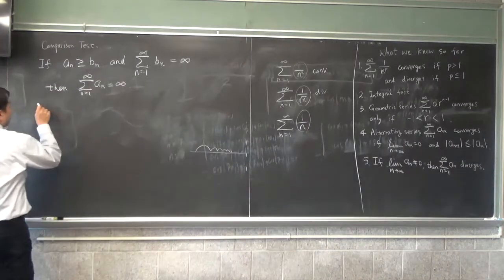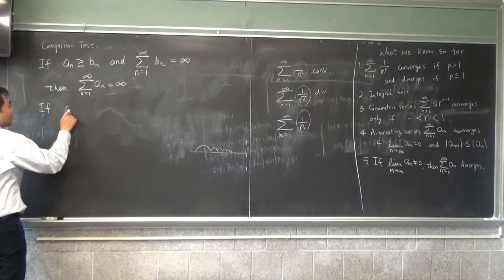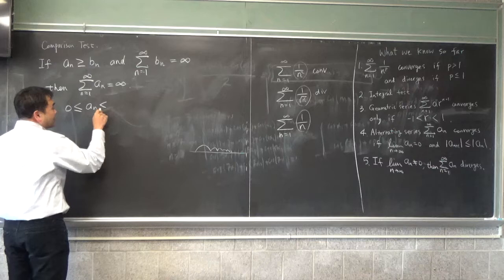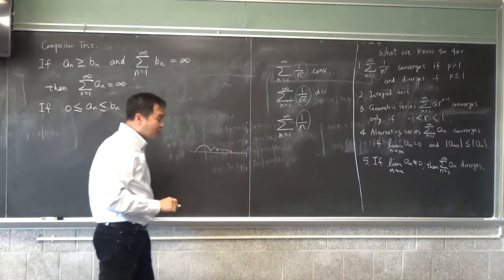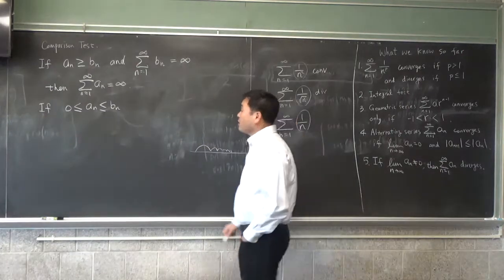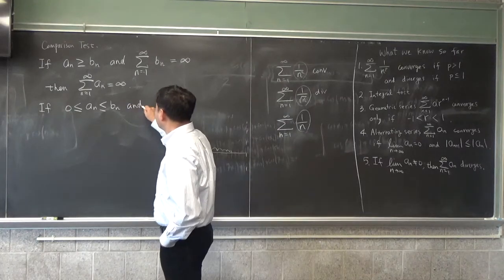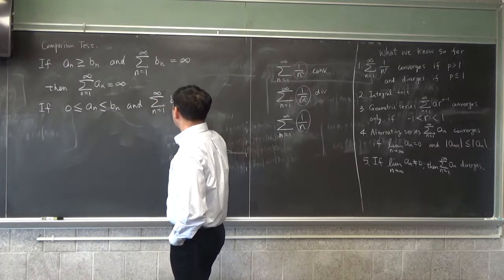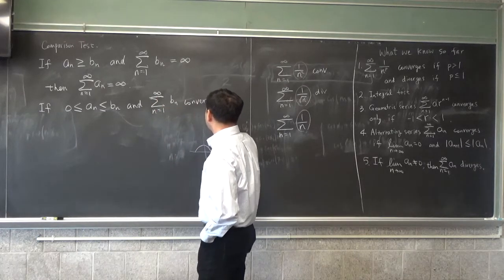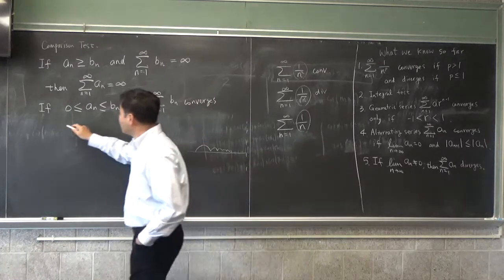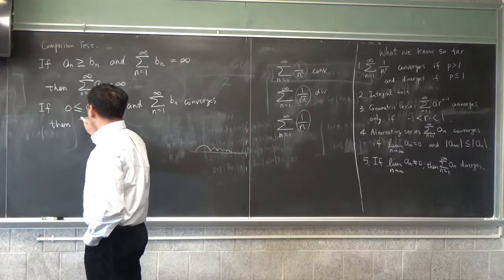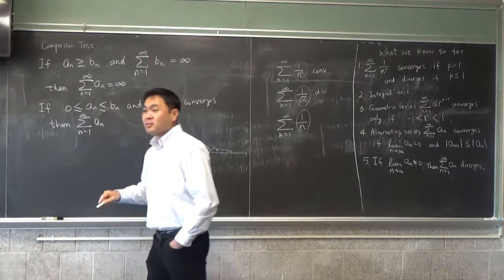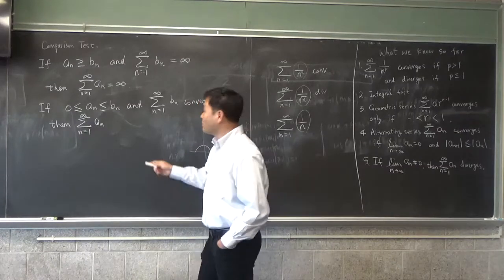All right. Now, on the other hand, if you have something positive, or at least non-negative, and an is less than bn, and sum of bn converges, then summation of n equals 1 through infinity of an should converge as well.